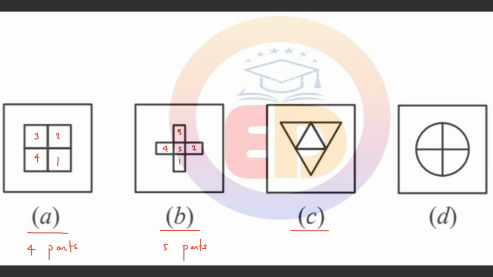In the third figure, the shape is divided into 1, 2, 3, 4 parts. And in the fourth figure, it is divided into 1, 2, 3, 4 parts. So on the basis of division of parts, we can see that A, C and D are divided into 4 parts each. However, the second figure is divided into 5 parts, and that is our answer.